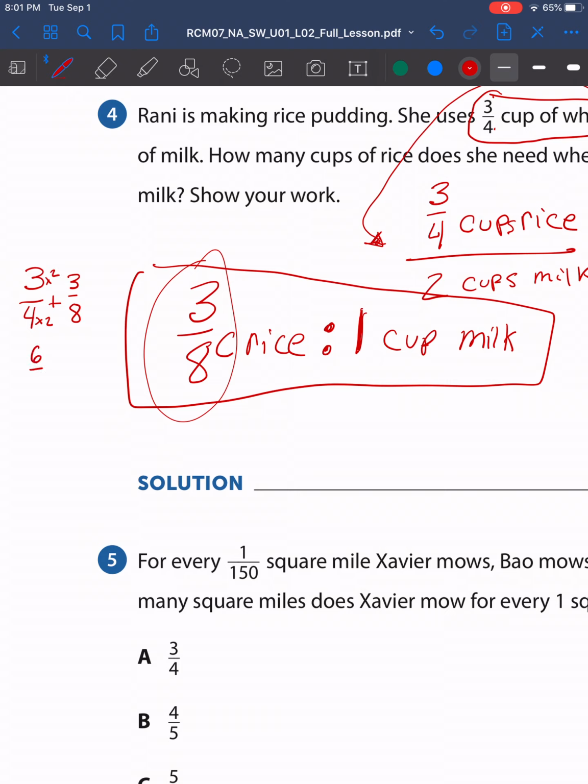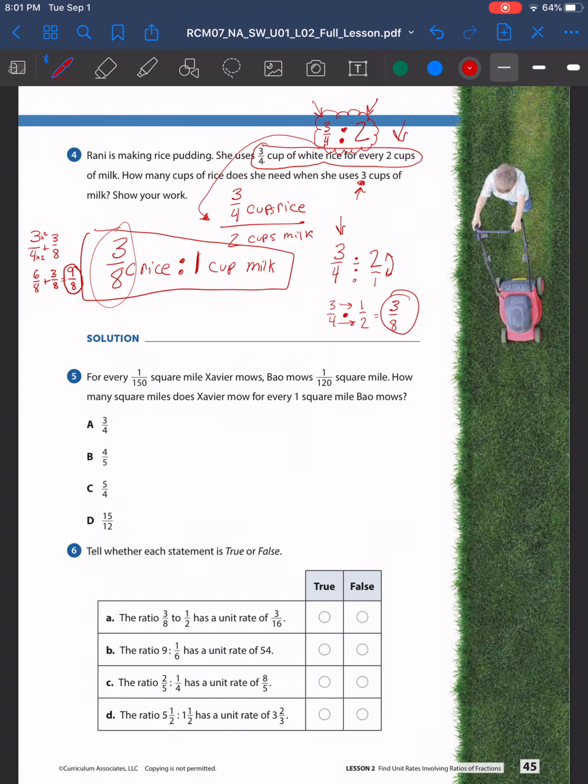So now this is going to be 6/8 plus 3/8. Now I can just add the tops. 6, 7, 8, 9. Keep the bottoms the same. 9/8. What does that mean? That means I need 9/8 cup of white rice for every 3 cups of milk. Okay?